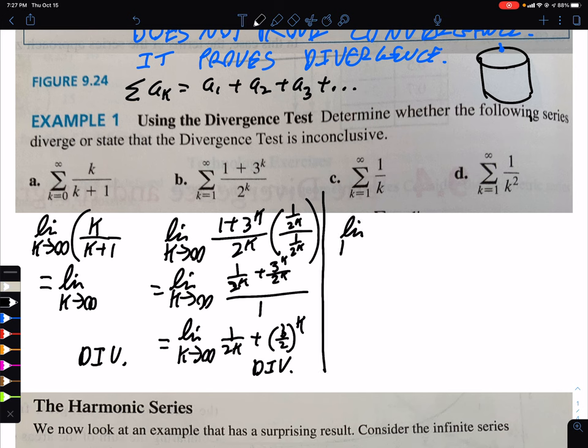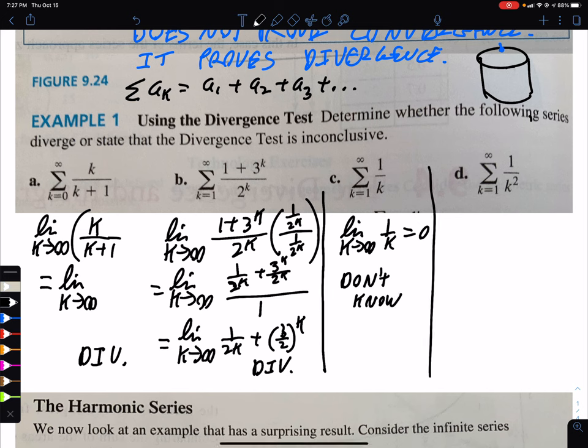But the limit as k goes to infinity of 1 over k is 0. So do we say this converges? No. Divergence test only proves divergence. So in this case, it might or might not. We still don't know what's going to happen.